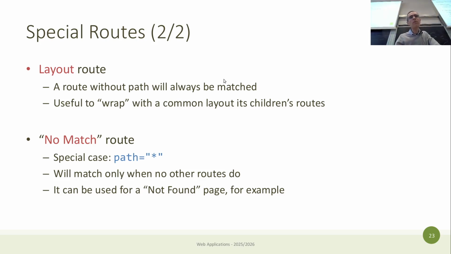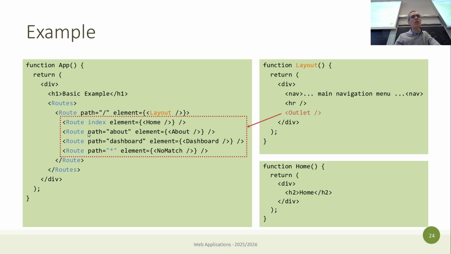So these behaviors are supported as well. You see path about, dashboard, path asterisk, no match. And no match is just a page with some text saying sorry, not found, and so on. Then slash, no path, index, element home. So if there is not slash about, not slash dashboard, but there is slash something, this home will be rendered.